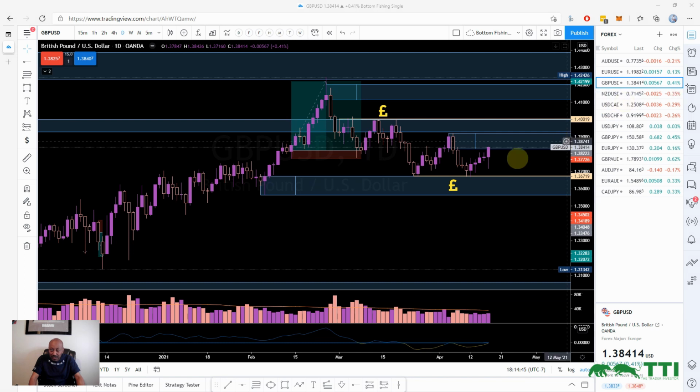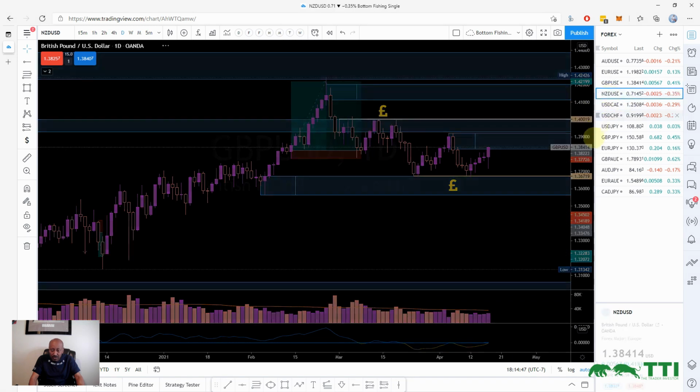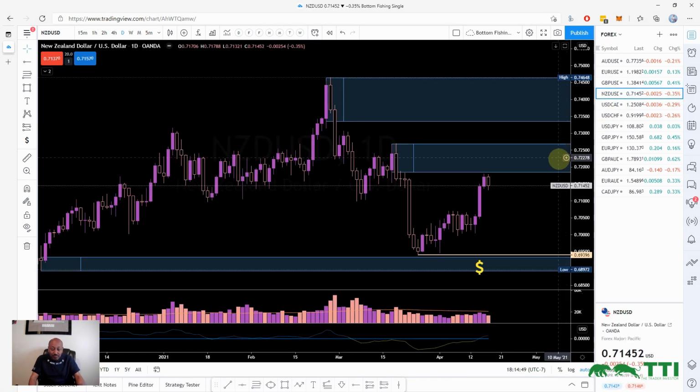So let's look at a few more. NZD USD. We are coming very, very close to our latest bearish order block. So as we enter that position on the hourly basis, I want to see, because this has a bearish bias for now.